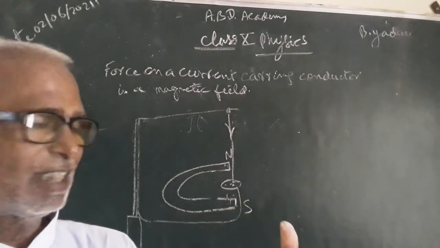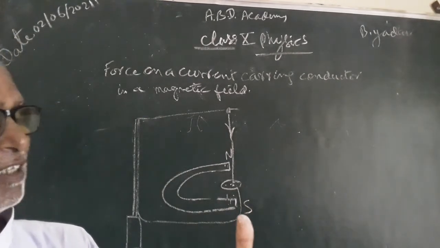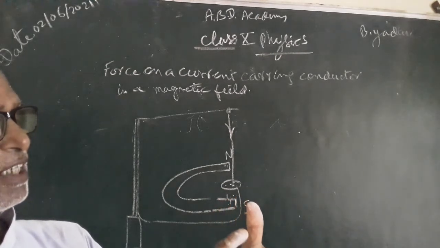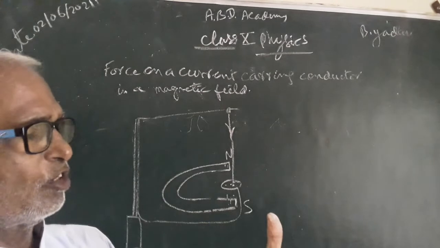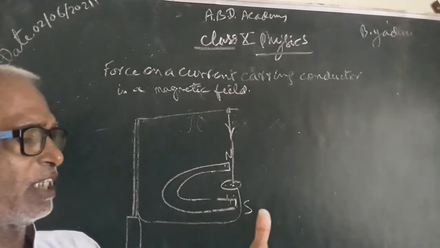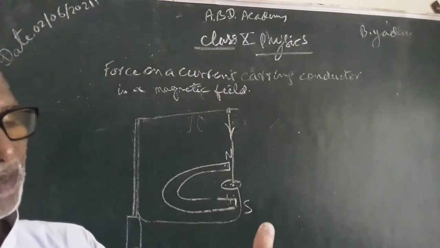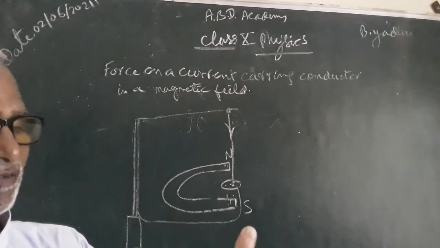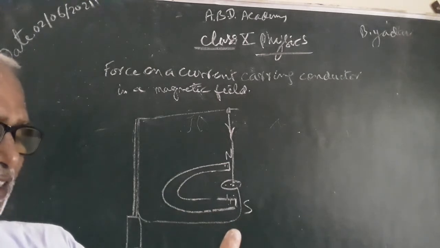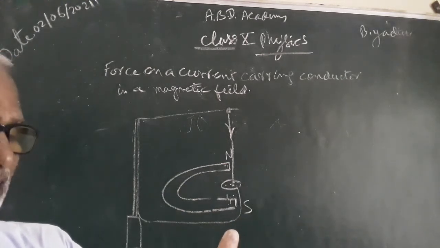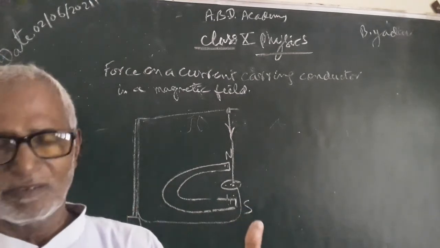So Fleming says to stretch three fingers of your left hand, first finger, middle finger and thumb, in such a way that each is perpendicular to the others, like the x-axis, y-axis, then the z-axis. If the magnetic field is represented by the first finger and the current direction by the middle finger, then motion will be in the direction of the thumb.